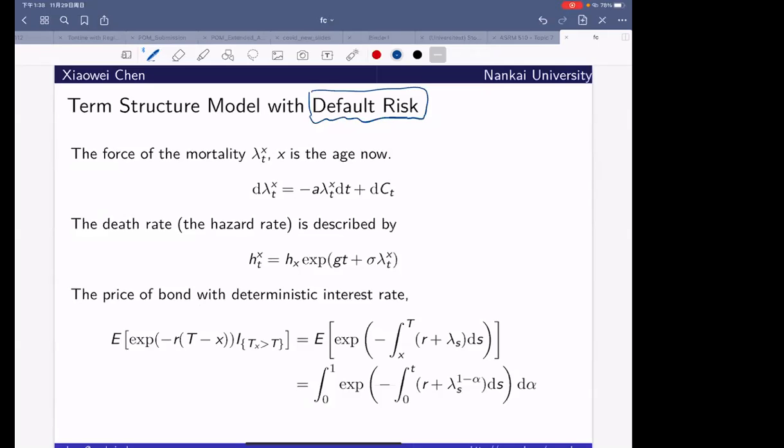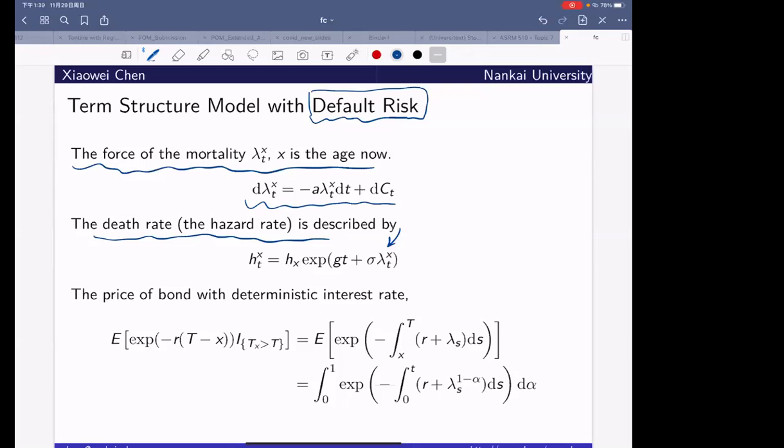So we introduce an uncertain differential equation to describe the default risk. We model it using the mortality, the force of mortality. The force of mortality is described by an uncertain differential equation, and we put the force of mortality into the pricing formula to describe the death rate or the hazard rate.